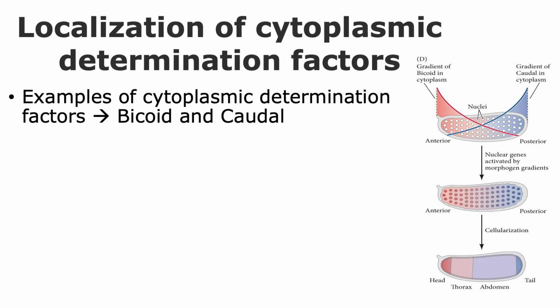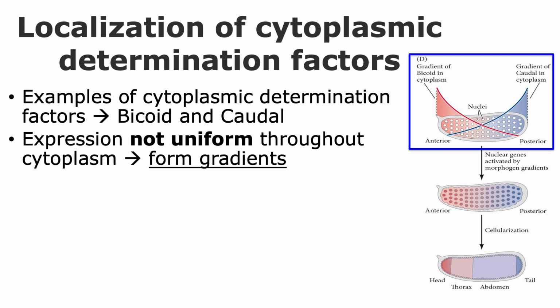Examples of cytoplasmic determination factors that will determine the fate of nuclei in the syncytium are bicoid and caudal. Bicoid and caudal are found in the cytoplasm of the syncytium. However, their expression is not uniform.